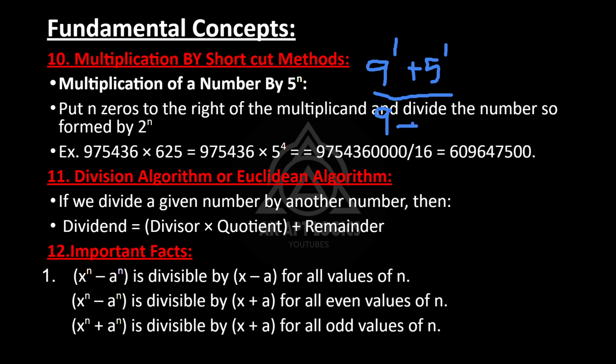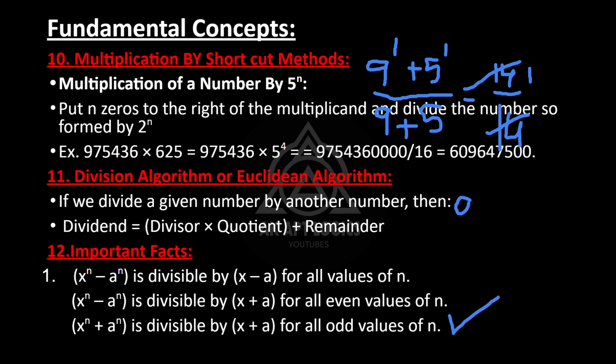Not only 9 and 5, you can take any number. So the resultant will be 14, and 14 divides 14 one time. So this condition is true for the odd value.